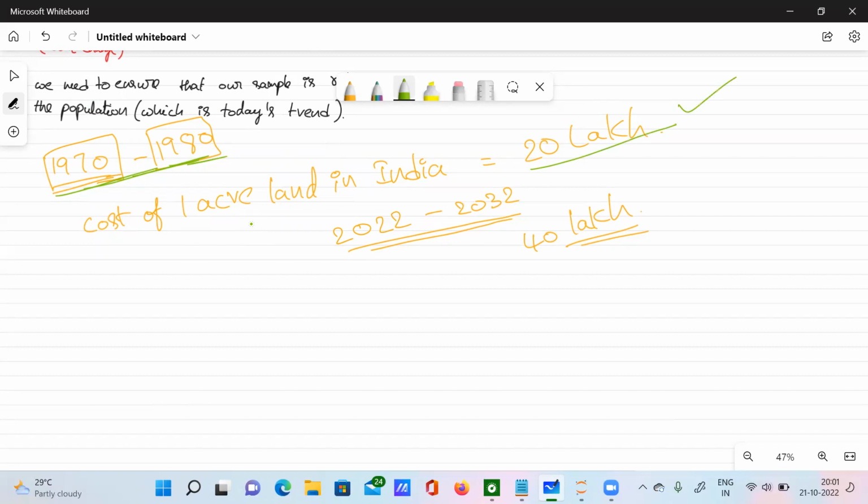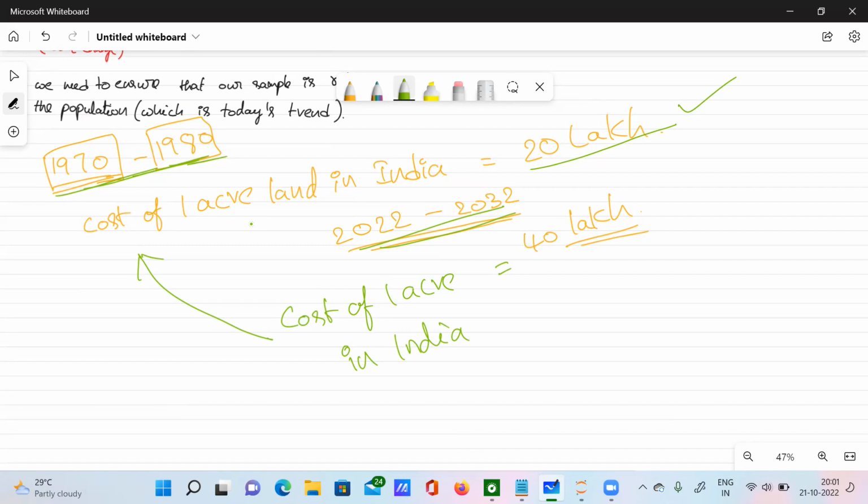But now, if I want to predict the cost of 1 acre of land in India using this particular data for the 2022 to 2030 period, which comes to 40 lakhs, I think this is not the correct scenario. Why? Because the data is actually outdated.